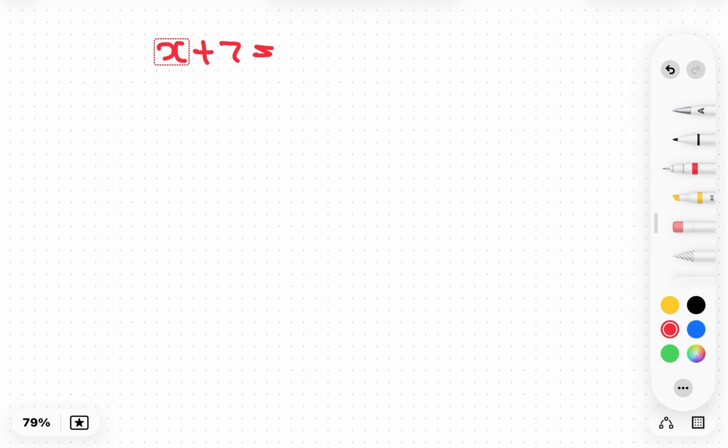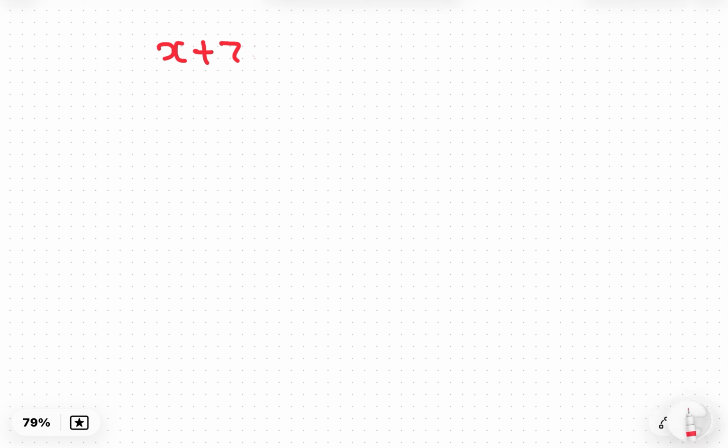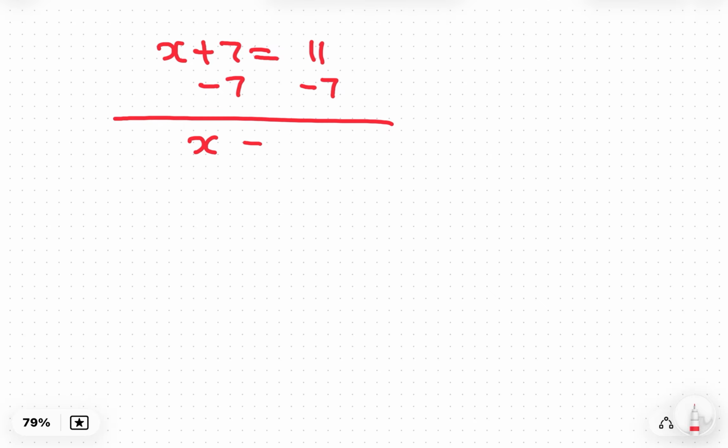So while solving equations, let's say x plus 7 equals 11, to let it remain equal, we need to do the same operation on both sides. If we subtract 7 from the left hand side, we need to do the same action with the same amount on the second side. So we get x equals 4.